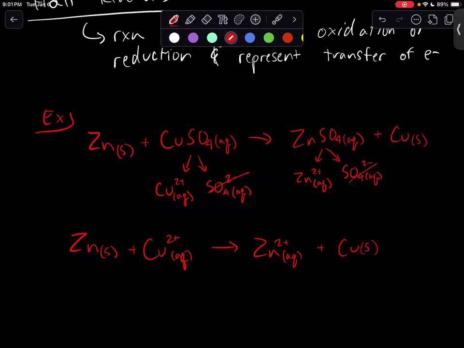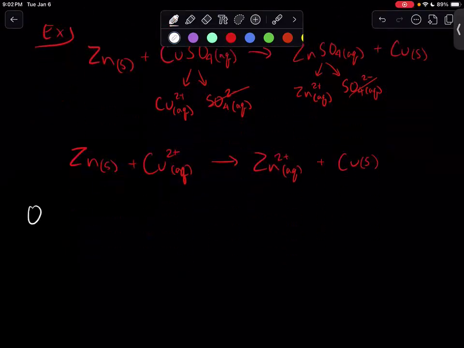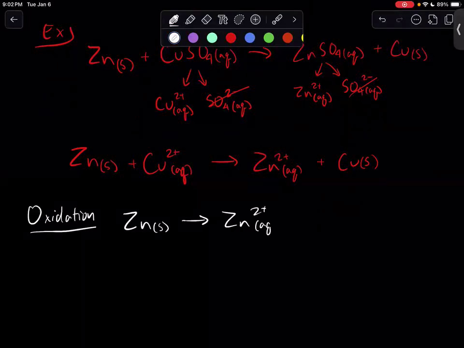This is now a much easier reaction to handle. Now we're going to use this idea of half reactions. So we have our oxidation half reaction, and the oxidation half reaction will show Zn(s) becoming Zn²⁺(aq).